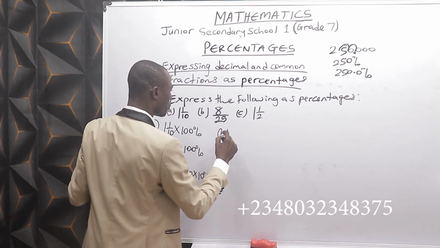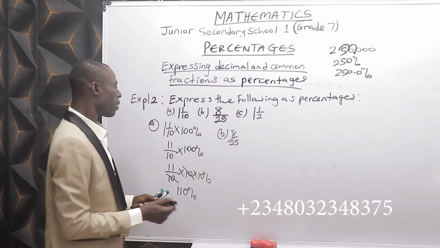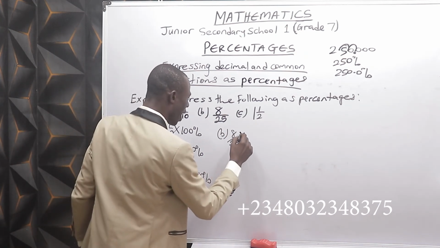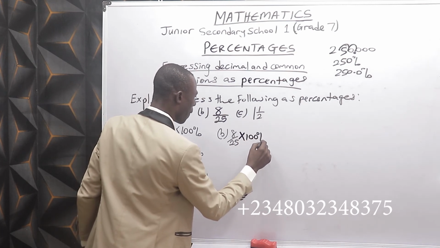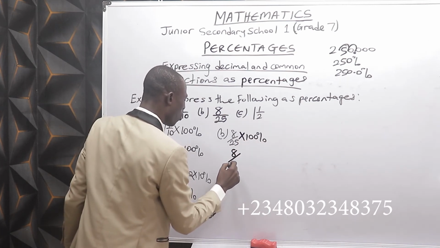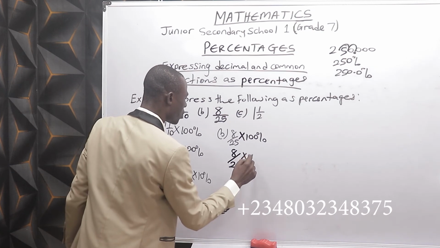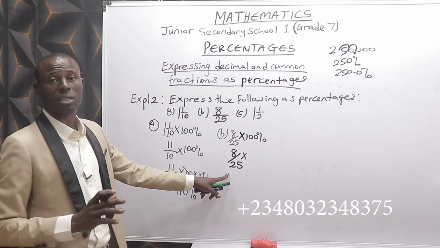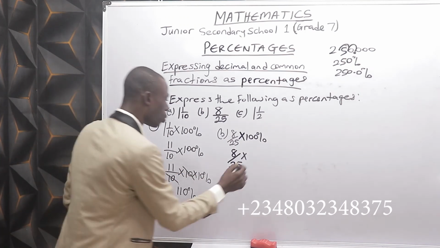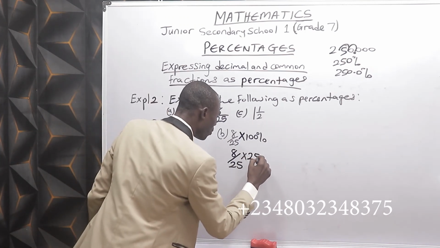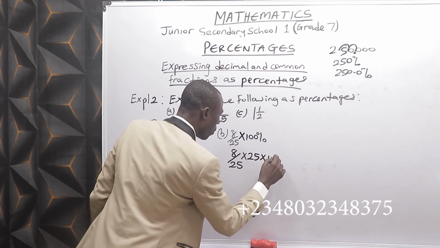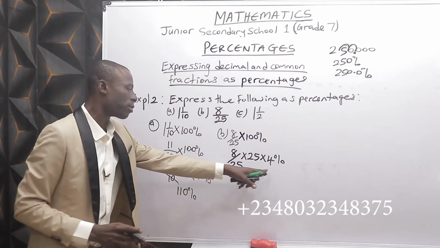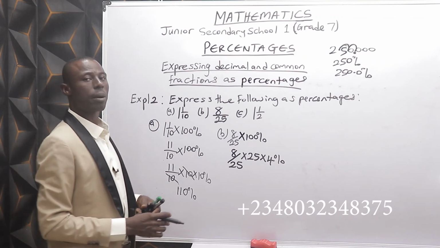Now question B, which is 8 over 25 in percentage is times 100%, which is 8 over 25 times, we break this 100% into factors such that 25 will reflect there for easy cutting. So we have 25 times 4%. 25 times 4% is 100%.